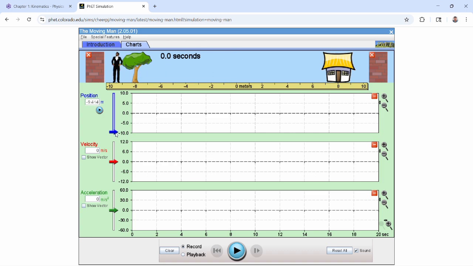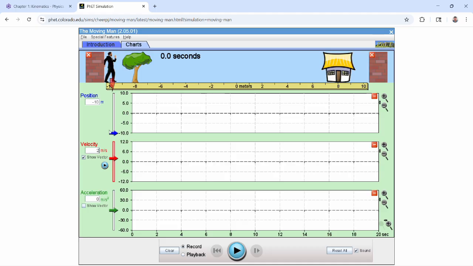I'm going to have the man start from minus 10 meters so that I have the most amount of time available. I'll show vector, and let me make velocity, I don't know, 1 meter per second. Well, that's a little bit too slow. I think a normal walking speed is maybe 2 meters per second, a brisk pace of walking.